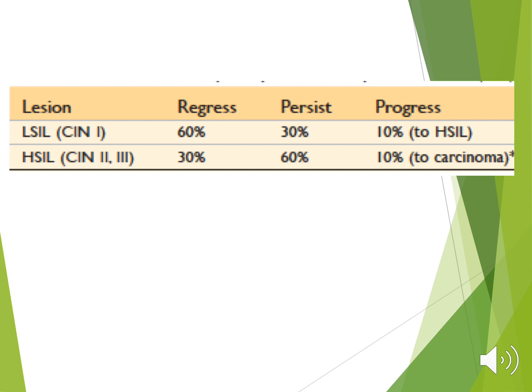The high-grade intraepithelial lesion, which is composed of cervical intraepithelial neoplasia 2 and 3, and we will talk about these in a minute, 30% of them regress, 60% persist, and 10% of these will develop into invasive carcinoma.